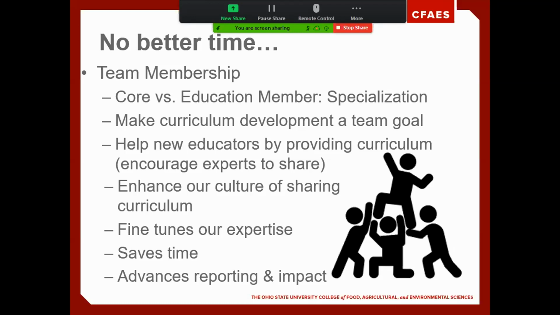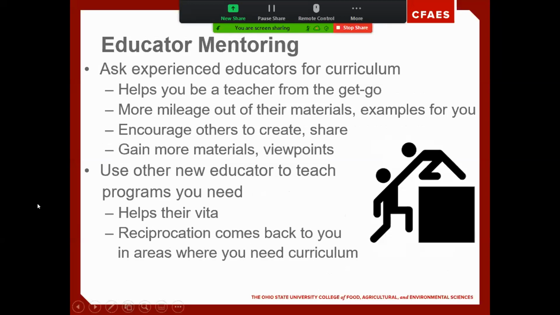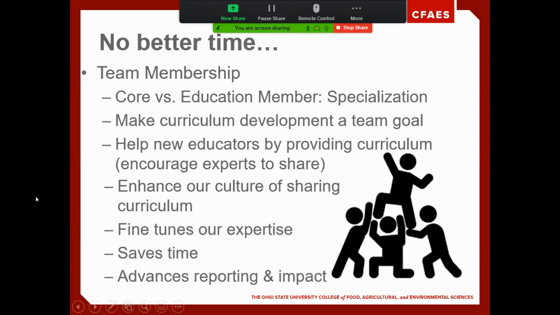That's one of the true goals of having a curriculum. It also helps with our reporting and our impact. So as we work together in these teams, try to remember to keep some of those concepts in mind.